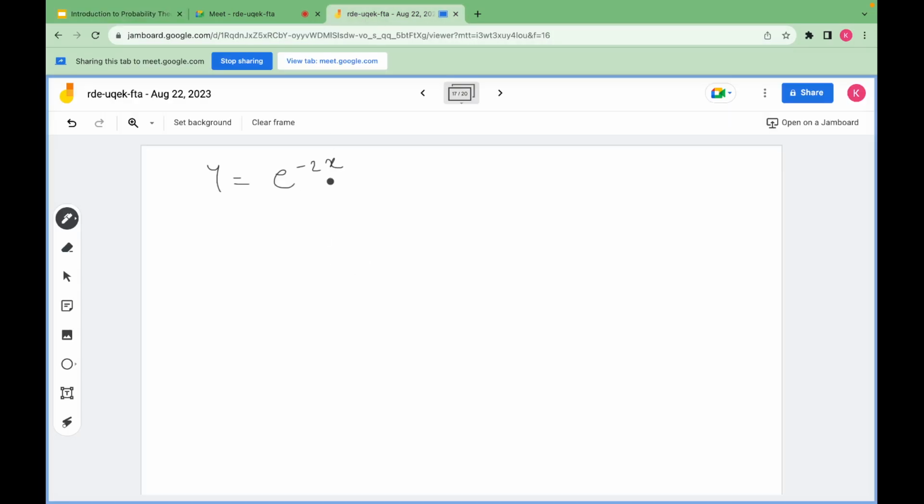So y is equal to e to the power minus 2x. We can write x in terms of y as minus 1 by 2 ln y, and dx by dy becomes minus 1 by 2, which is a constant, times the differentiation of ln y, which is 1 by y. So this is minus 1 upon 2y.